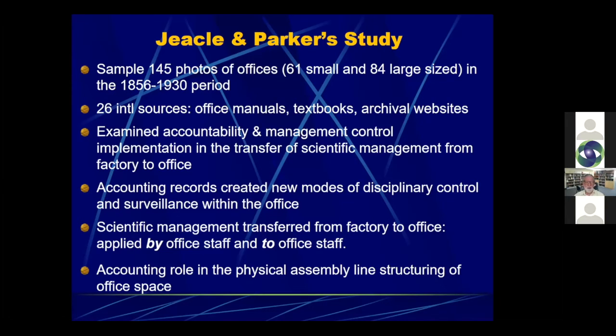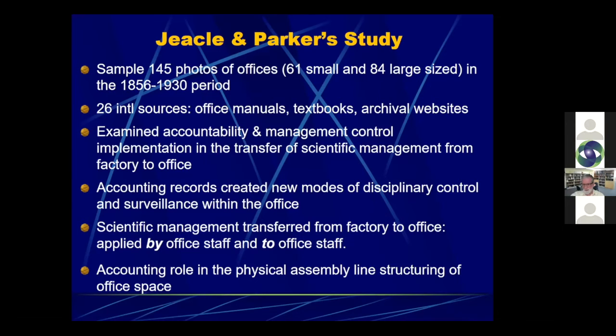We used a lot of different sources, you could see, and we were looking at accountability and management control and how scientific management transferred from the factory into the office. And you can see in the last 3 bullet points there the sort of findings that we came up with.